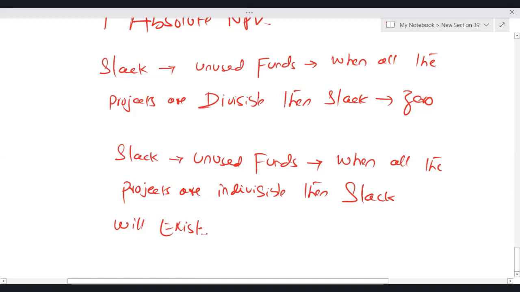Normally, slack will exist. Normally, this is the case, because when all the projects are indivisible and you have limited funds, obviously you're not going to opt for each and every project. So some of the cash will remain unused.